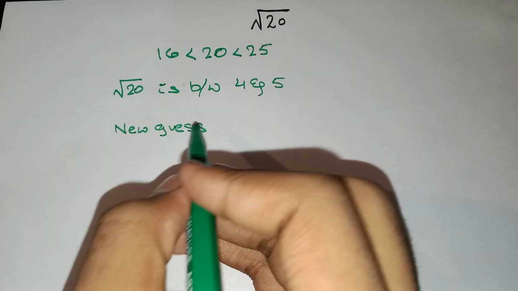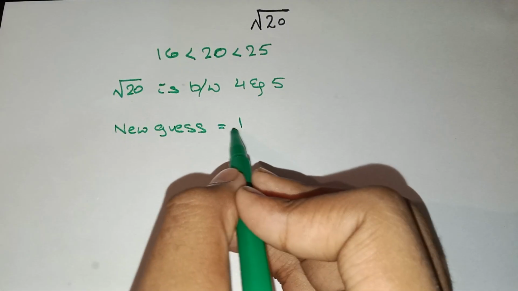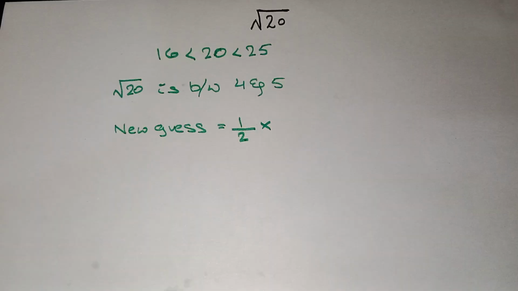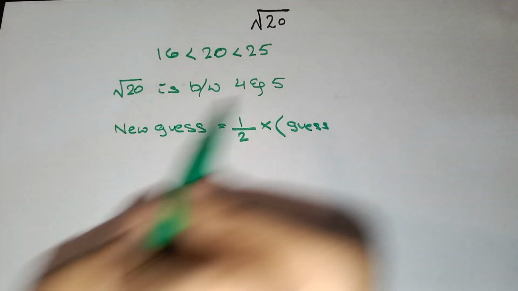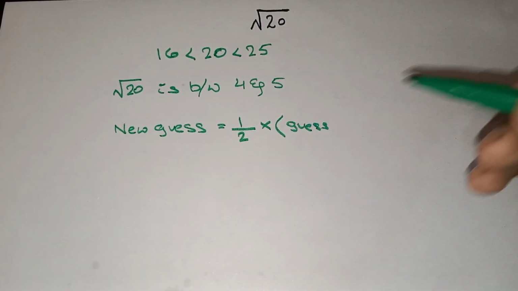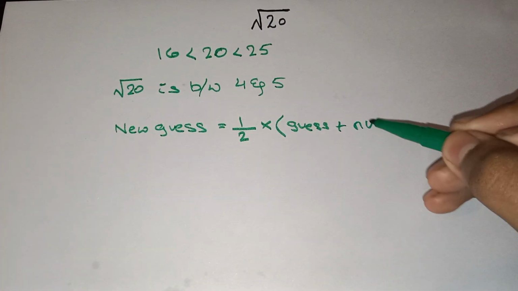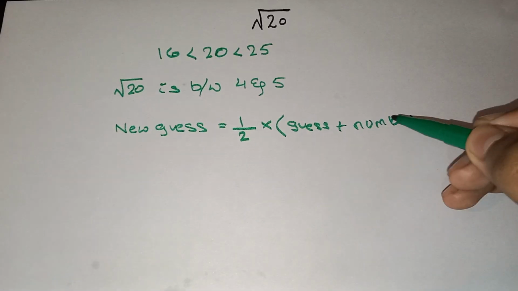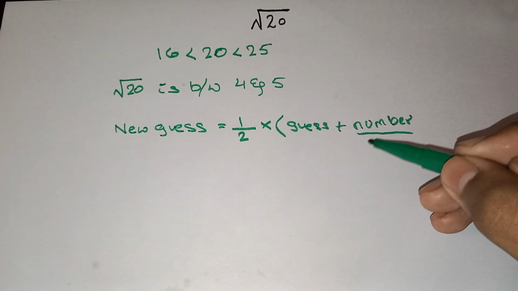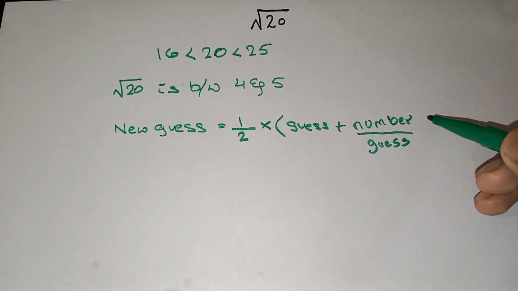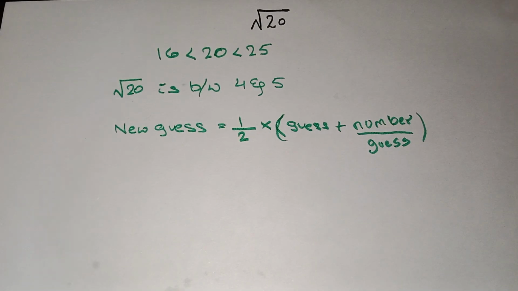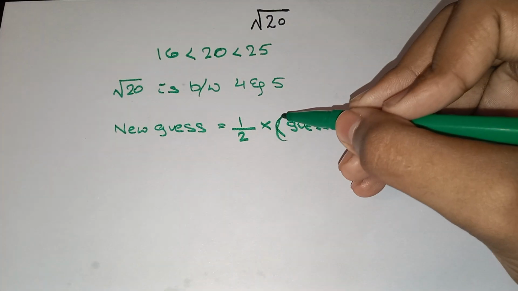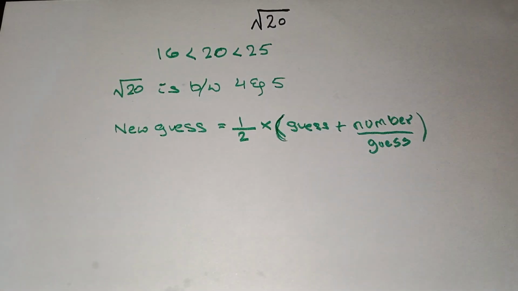So new guess equals 1 upon 2 multiplied by bracket guess plus number upon guess. This is the formula which you have to memorize at any cost. This formula can be applied in all imperfect square roots or non-perfect square roots.